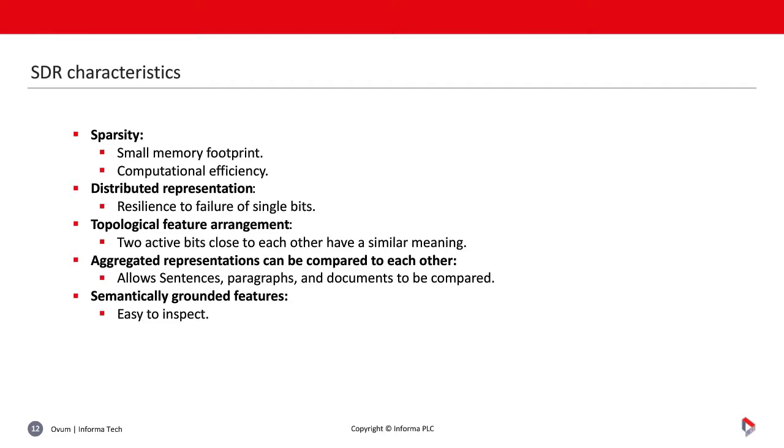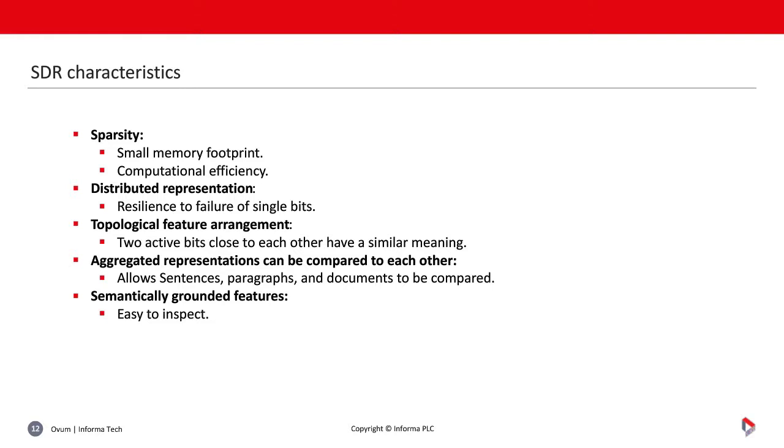The result of that encoding allows sentences and paragraphs and documents to be compared. They represent similar areas on the memory, and semantically it's possible to inspect a memory for meaningful semantics. So this is technology that Cortical has taken up.